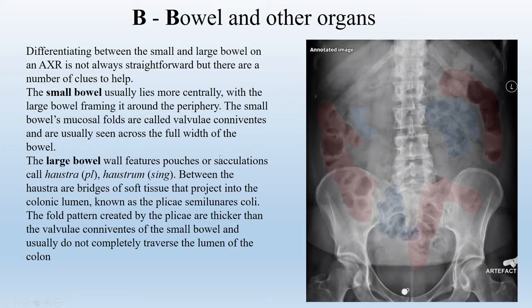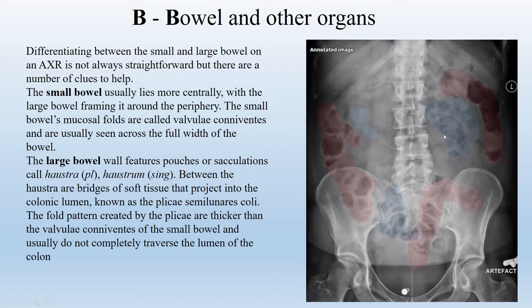You know, when you start, it might be a bit difficult to recognize where is the large and the small bowel, but to help you, I have here the notes that help to recognize them. So the small bowel usually lies in the central part, while the large bowel is on periphery. Then there are mucosal folds in the small bowel.